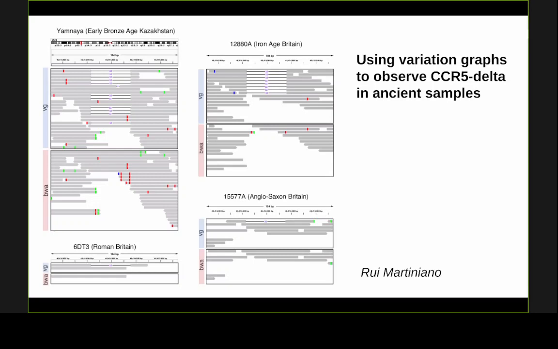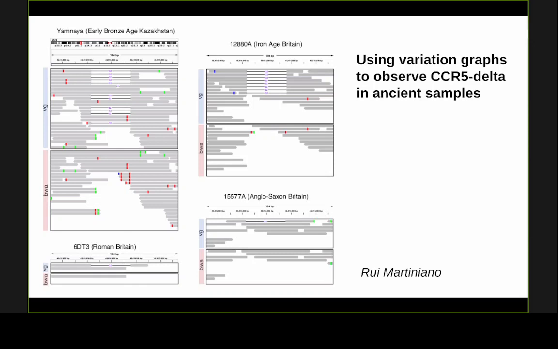And this matters for medically relevant loci. For example, this is the CCR5 delta 32 deletion. That confers resistance to plague and confers resistance to HIV. If we align with BWA align against the reference, we cannot see it.